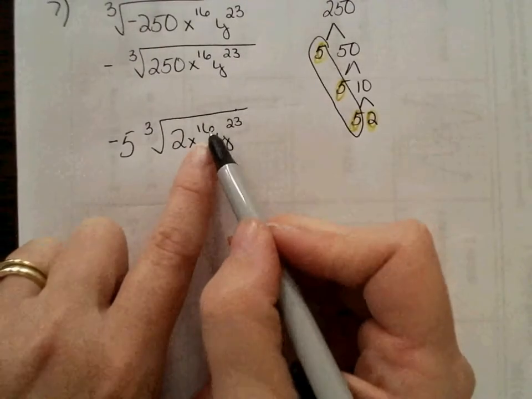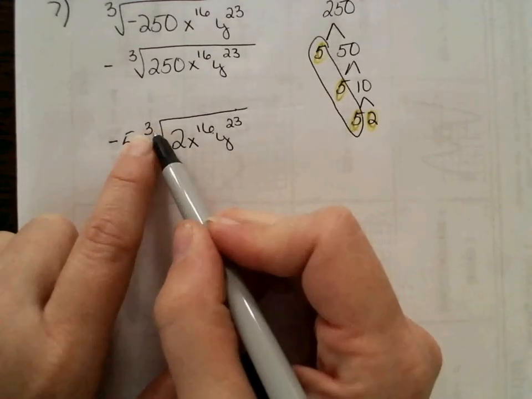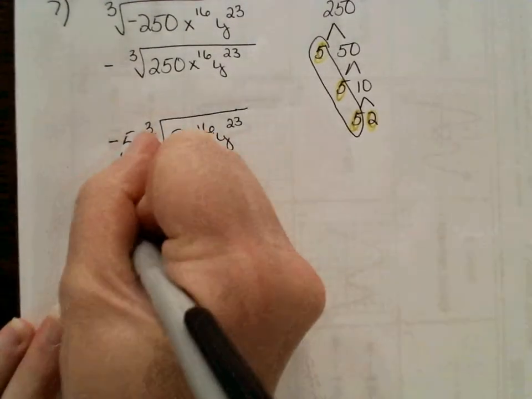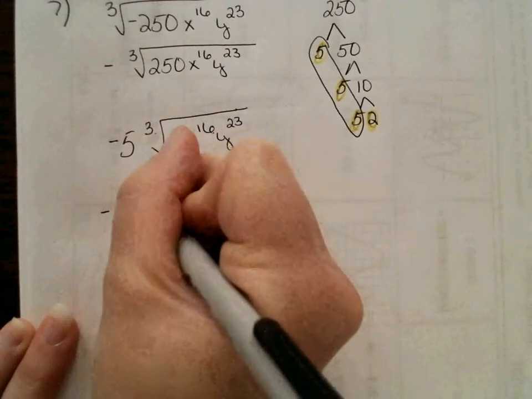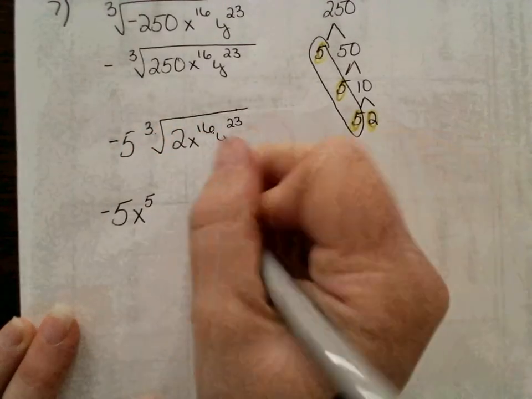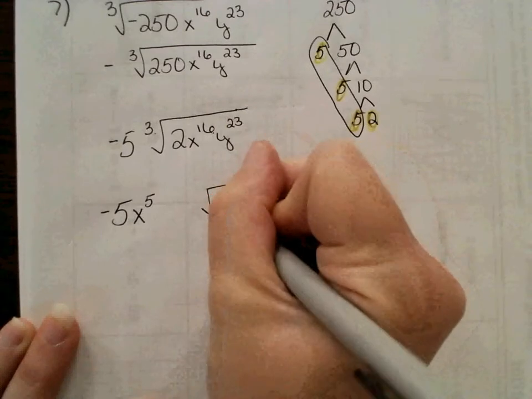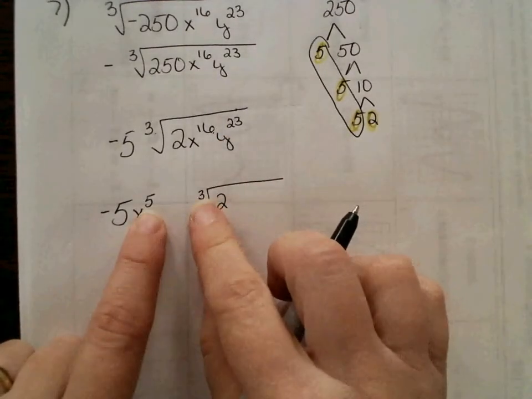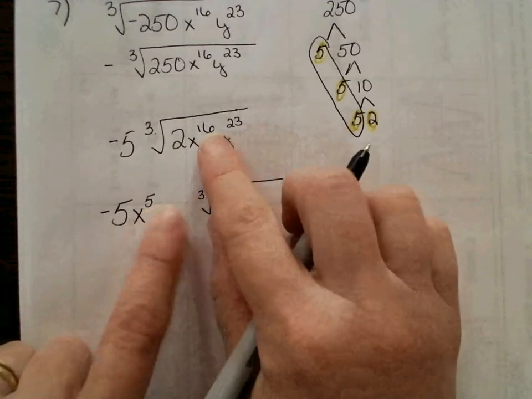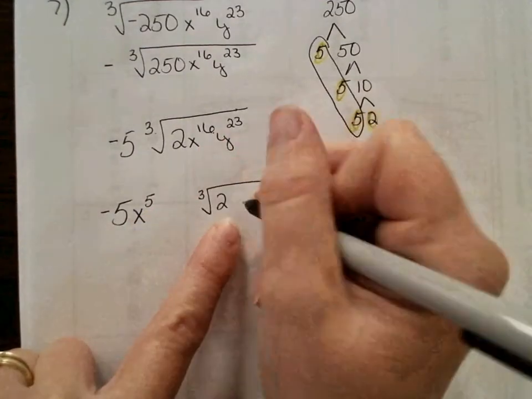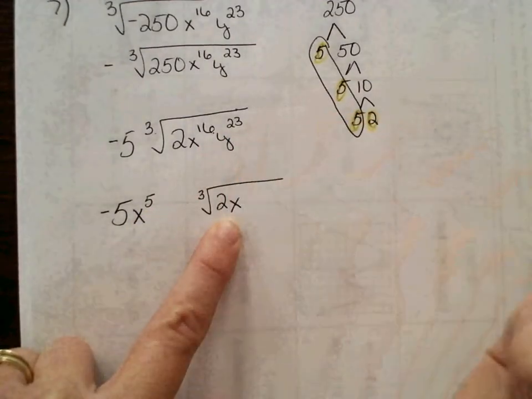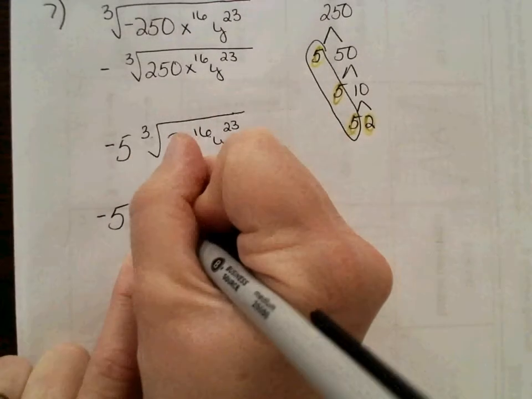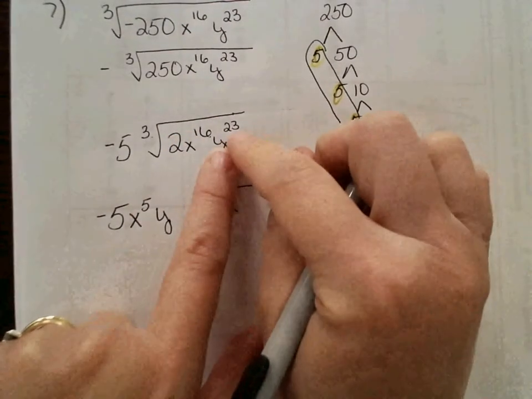Okay, so there's all my variables. Now I have to get rid of my variables. So if we use our shortcut, we're going to do 16 divided by 3. What do you get when you do 16 divided by 3? 5. So that's x to the 5th. And so now I'm going to do 5 times 3, which is 15, but I had 16 there. So how many x's are left? 1.